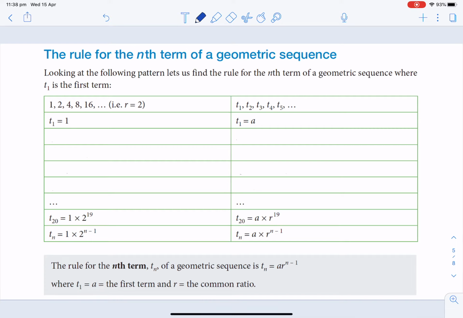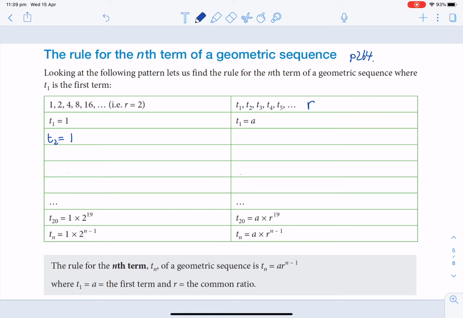And T1, T2, T3 to T5, and my R is equal to R. My initial term in the sequence is 1, and in the second column, my initial term is A. So I'm going to keep these, remember, as A and 1. And I'm also going to keep my common ratio as 2 and R for the purpose of demonstrating what's going on here. If anyone is following from their textbook, it is on page 264. There's a table there.